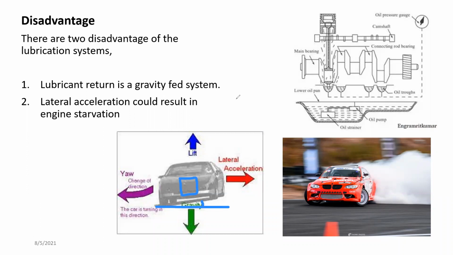So even when the vehicle is moving, the lubricant still tries to keep that position, and it moves with it. This movement goes with the speed and the change of direction. This is going to be higher. This is due to the slosh.